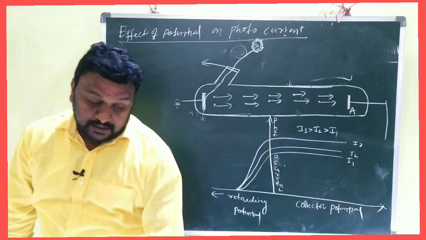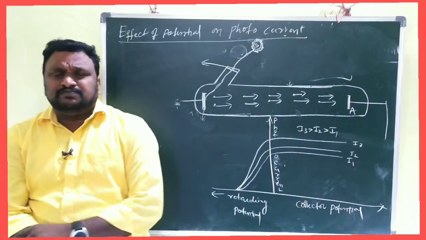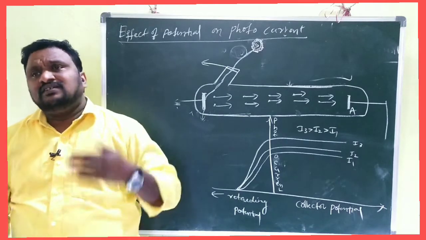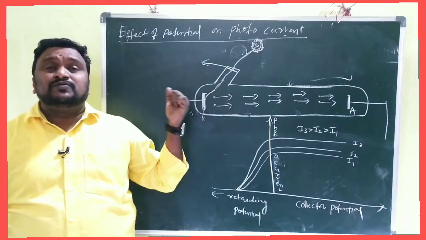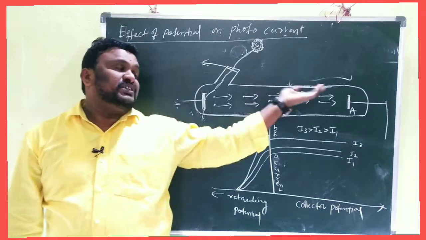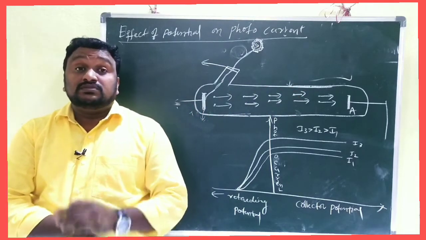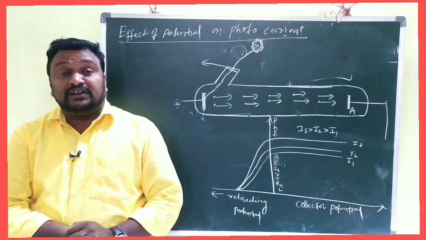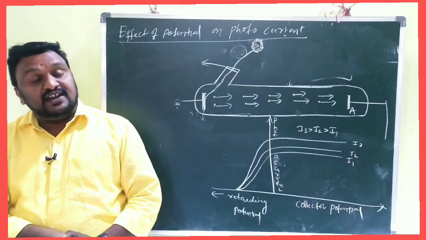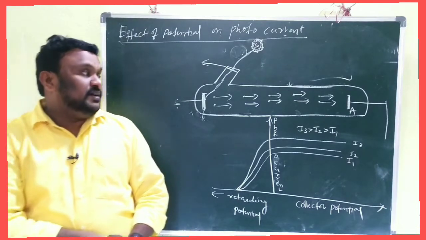Okay, children. As usual, the same thing: electrons are liberated from C and they are moving towards the A. Clear? How will the potential affect the photocurrent? Let's discuss this.